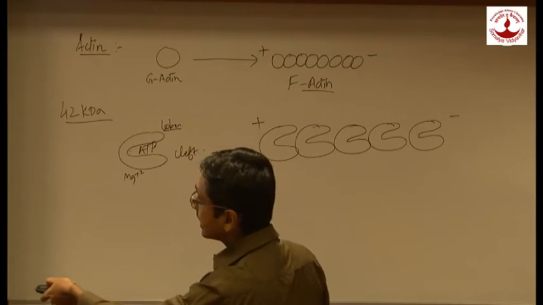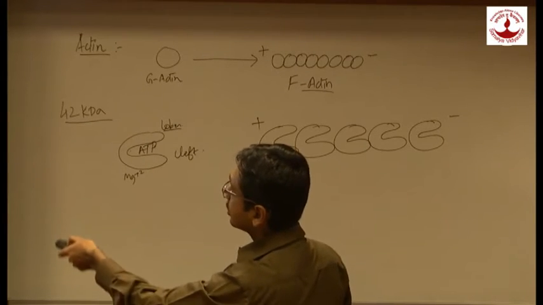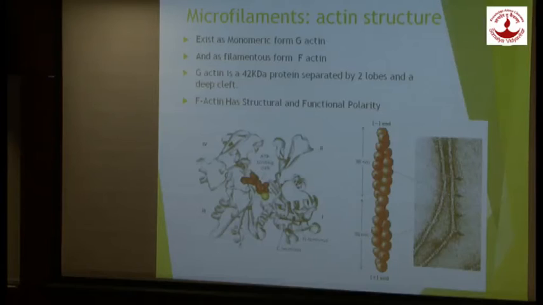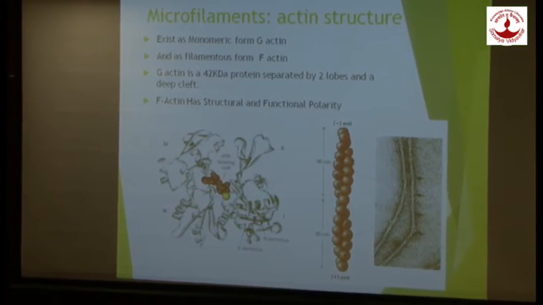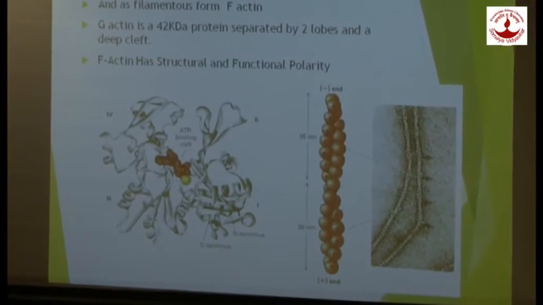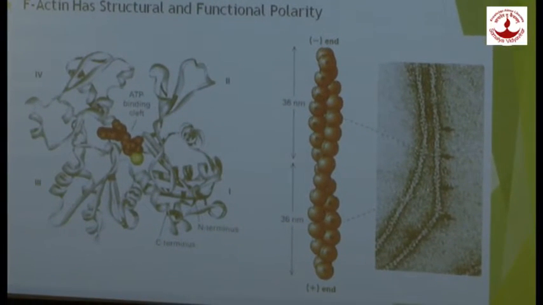It repeats itself after 14 subunits, and the total length is 72 nanometers. Since these are two strings, each string repeats itself at 36 nanometers. So these are the structural properties of actin itself, the G-actin and the F-actin. Then the question that we ask is, how do you observe this polarity?